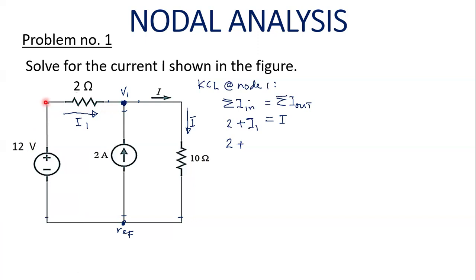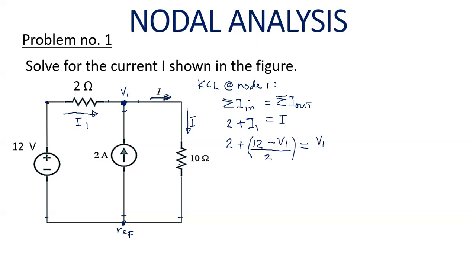This 12 volts means higher in potential than the voltage at this node, V1, since we assume that the direction of I1 is going to the right. So we write the current equation for I1 using Ohm's law: 12 volts minus V1 divided by the resistance 2 ohms, equals I. So I is equal to V1 since the direction is to the right also.